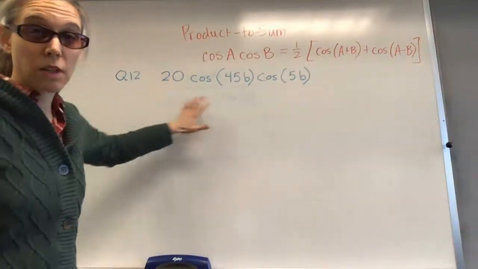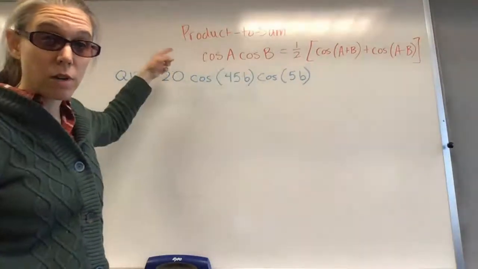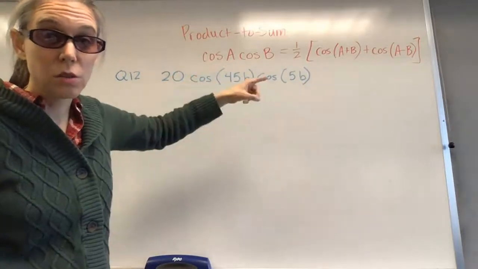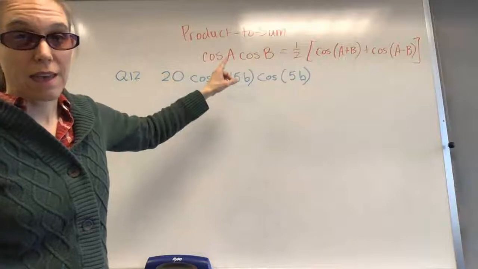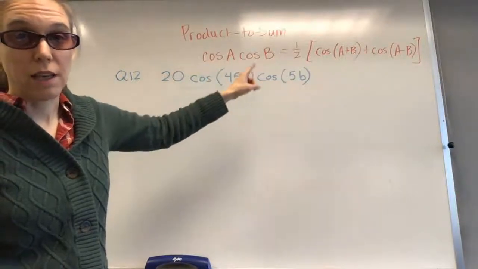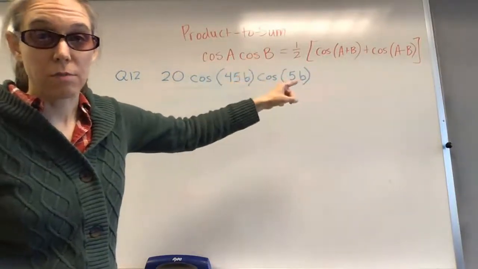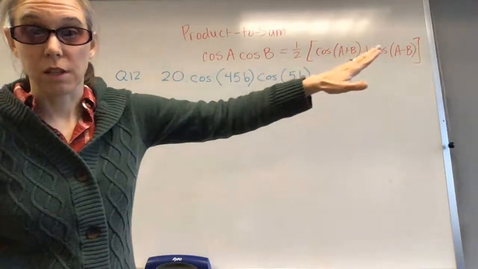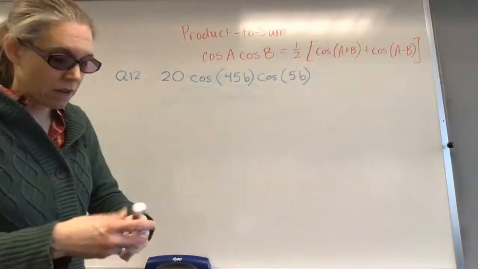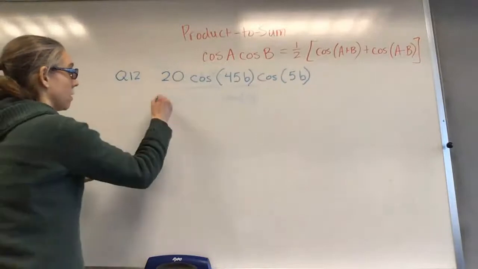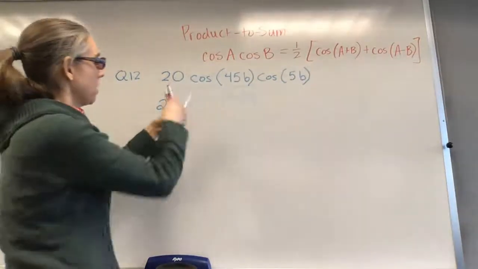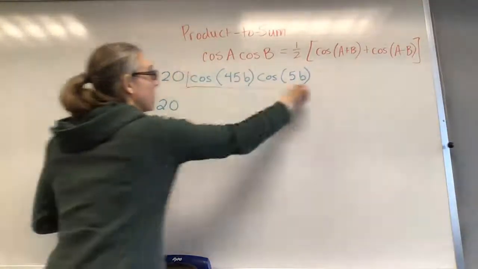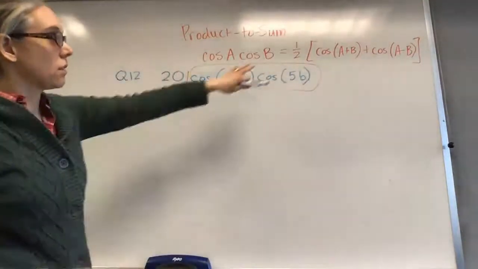Okay, so now let's look at question number 12 on the board. Question 12 gives us a product, and we need to use the product to sum formula, the cosine one, because we have a cosine. So here we see that A is 45b and B is 5b, so we're just going to use this formula here. Now the 20 is going to start out in front, and then we're going to take this part right here and replace it with the formula.